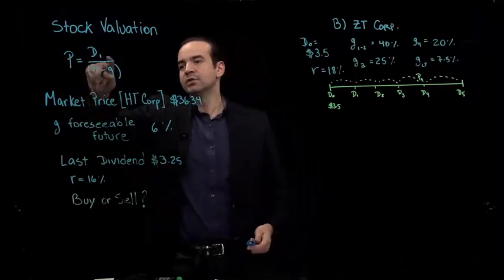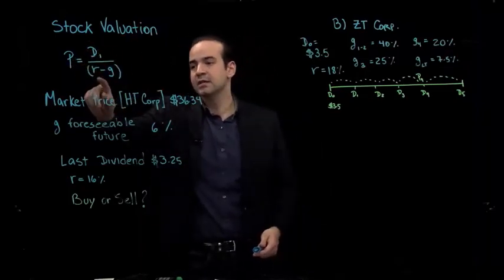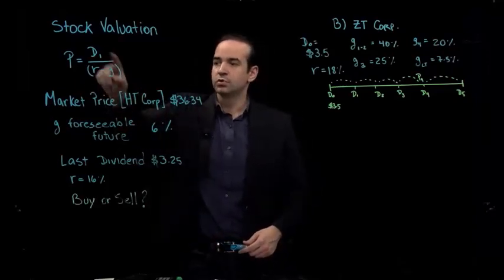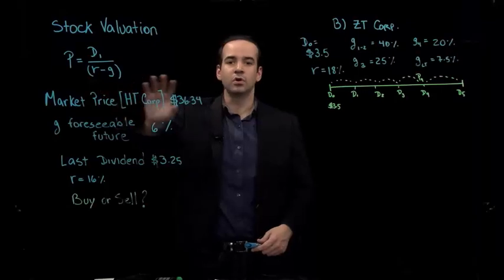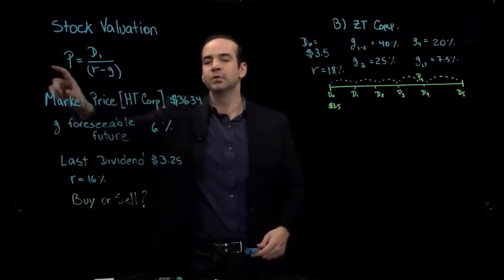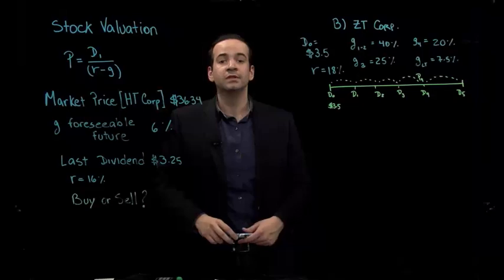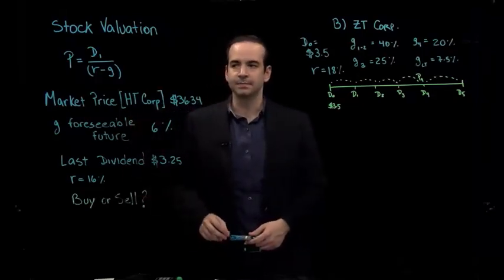The formula is just plugging the dividend that you were expecting to receive, and then the discount rate minus the growth rate. If you are not quite clear about the formula of perpetuity, you can go back and look at the video in which we discuss annuities and perpetuities and the growing perpetuities.